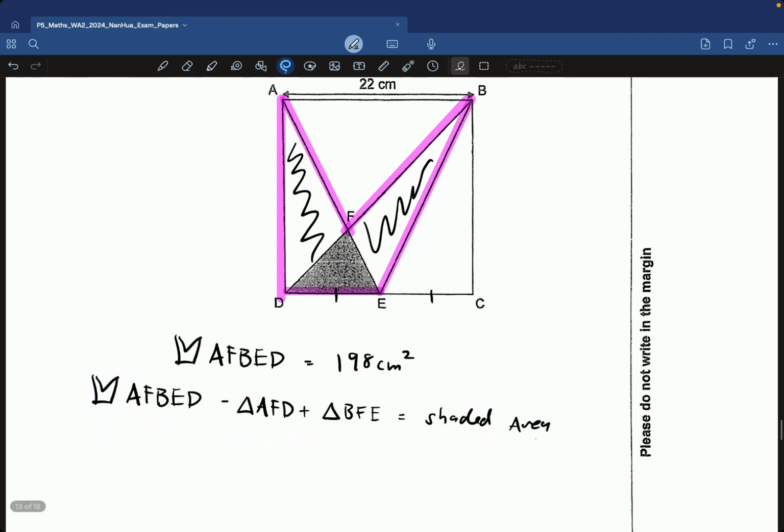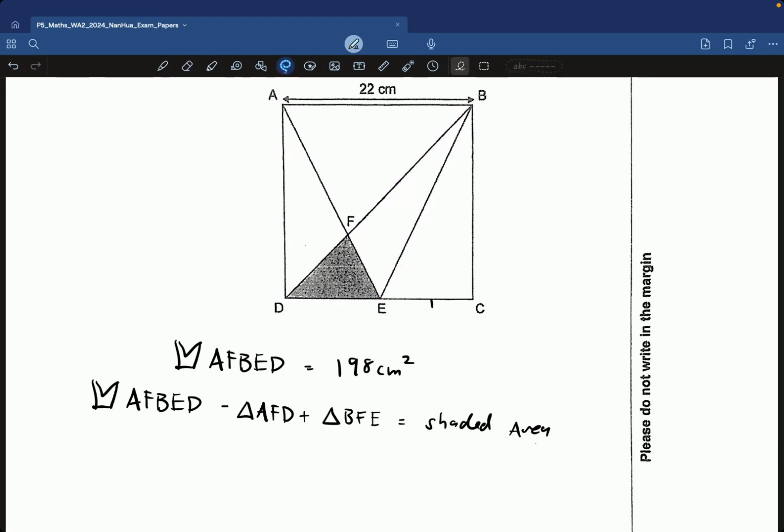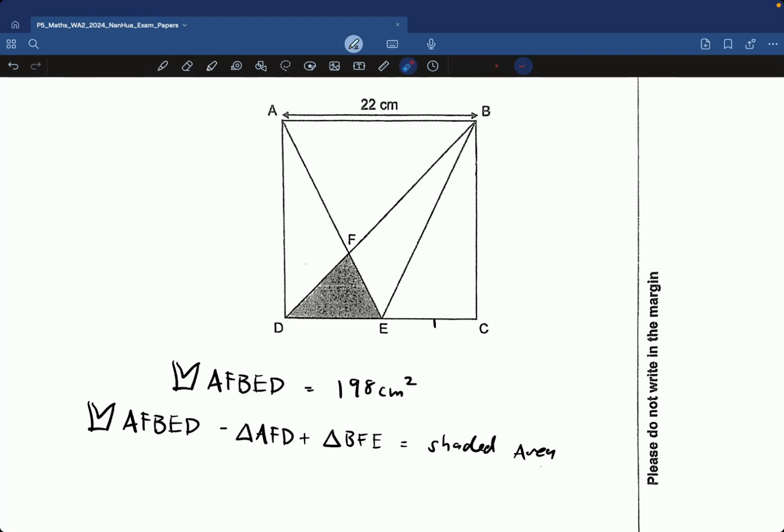Okay, so now how do we get these two triangles? First thing first, we can actually get this triangle, right? So what we want is this triangle. I'm going to shade this part.